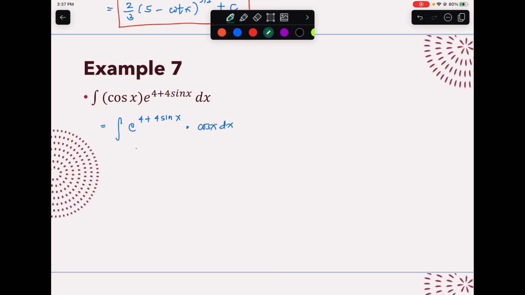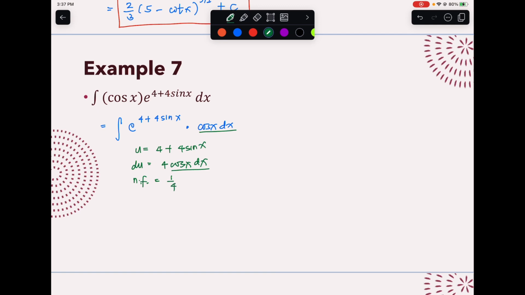It suggests that our u will be 4 plus 4 sine x. So our du will be the derivative of 4, which is 0, and then 4 times the derivative of sine, which is positive cosine x dx. So we have the cosine x dx there, but we are in excess of 4. Therefore, we have a neutralizing factor of 1/4.